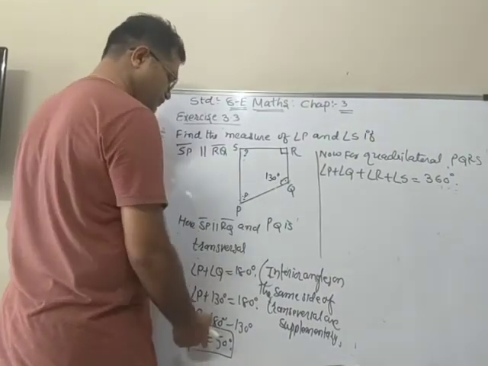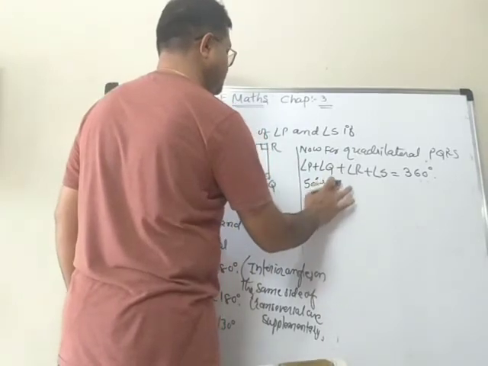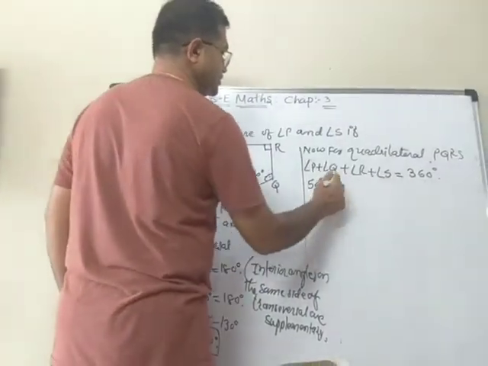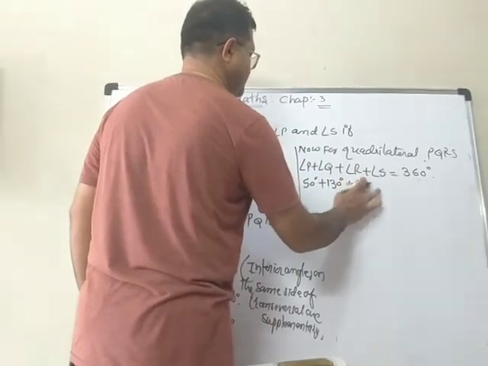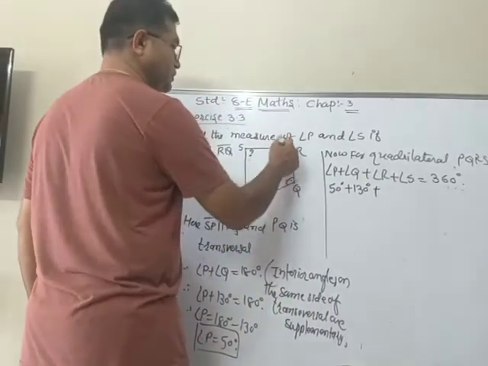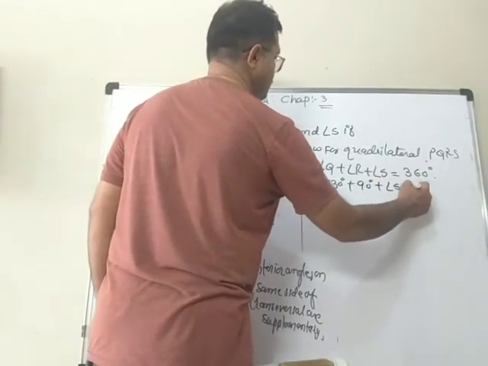So what is P? 50 plus Q is 130 plus angle R is given 90 degree. Angle S we have to find.